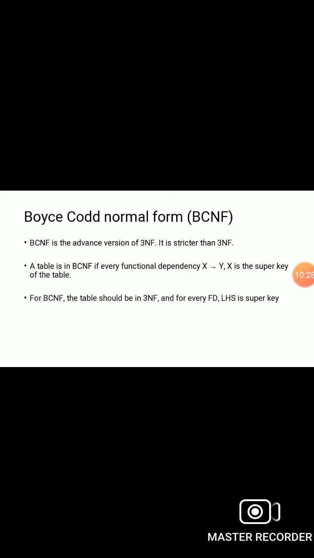For Boyce-Codd normal form, the table should be in third normal form, and for every functional dependency, the left-hand side is a super key.